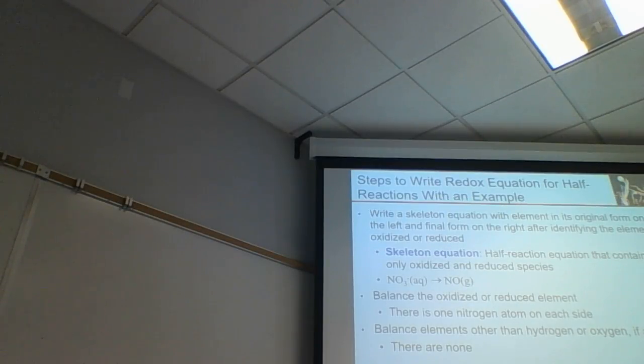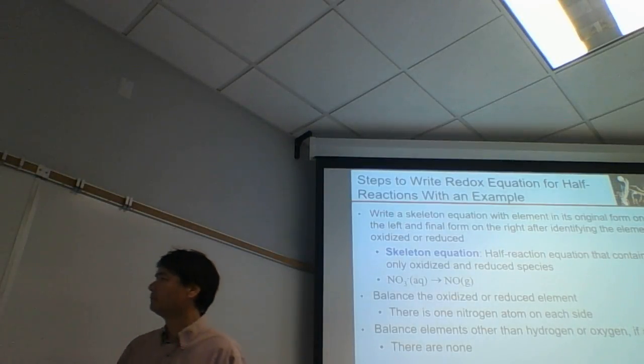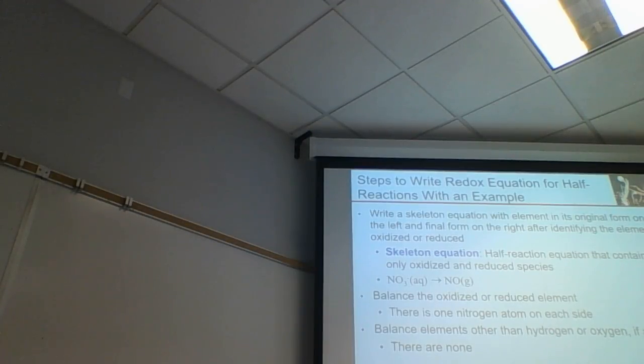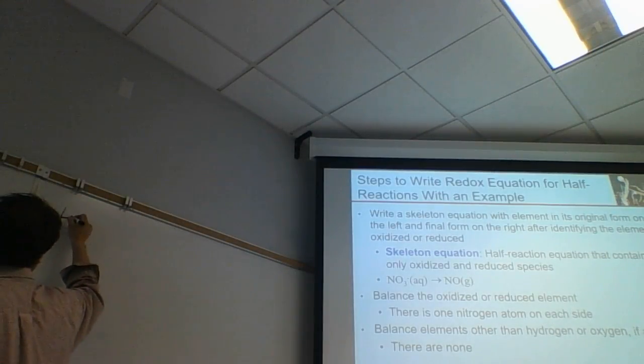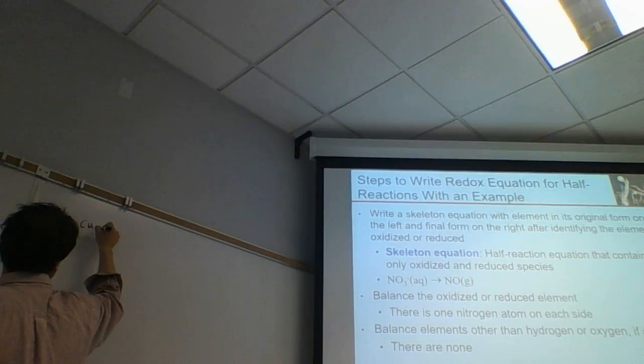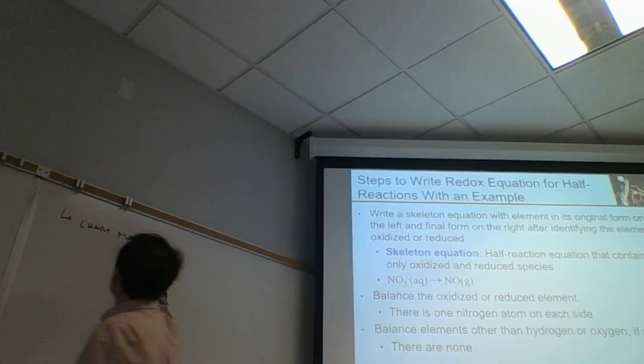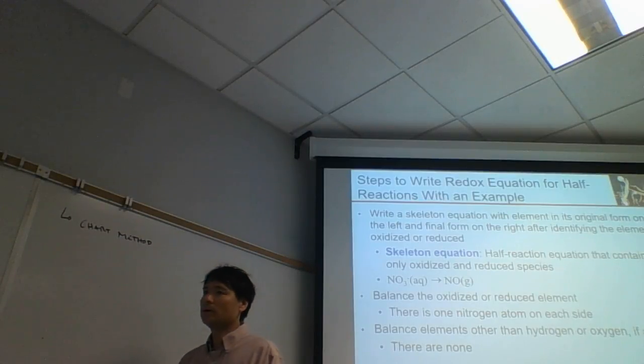And then we balance it. So the products are going to be the same, whether there's oxygen present or not. That's combustion. And then we have the chart method. The chart method is where you look for the oxidizers and reducers.